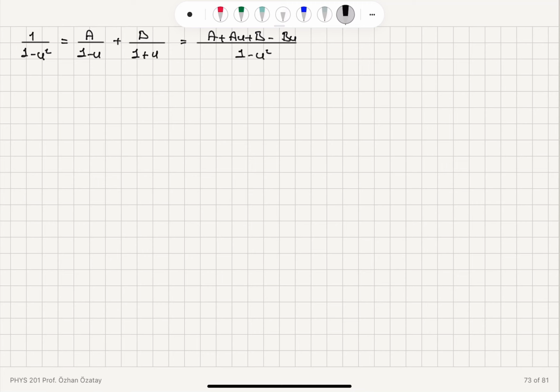Now you can see that this is equal to 1 over 1 minus u squared. So we are required to have a plus b must be equal to 1, and also a minus b has to be equal to 0, which tells us that a is equal to b, therefore a equals b equals 1 over 2.